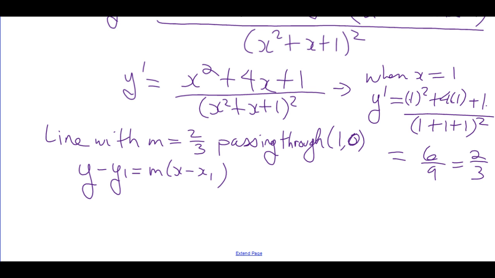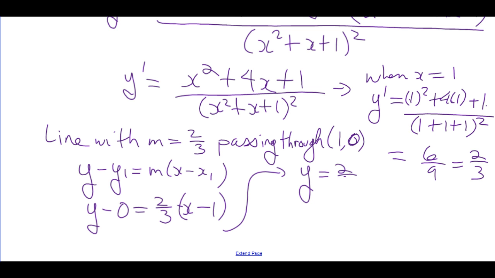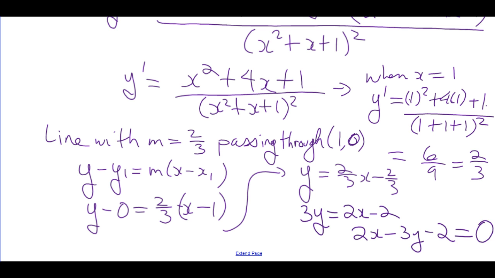So y minus 0 is 2/3 times x minus 1. y is equal to 2/3 x minus 2/3. So this part I'm just going to multiply everything by 3. 3y is 2x minus 2, and so 2x minus 3y minus 2 is 0, and there it is. The equation of the tangent line to the given curve at the point 1, 0.